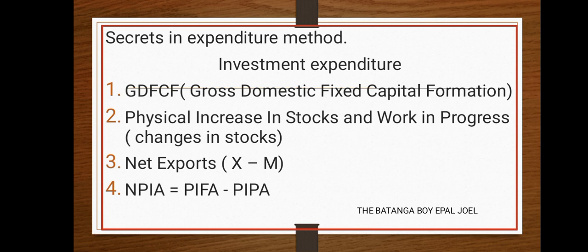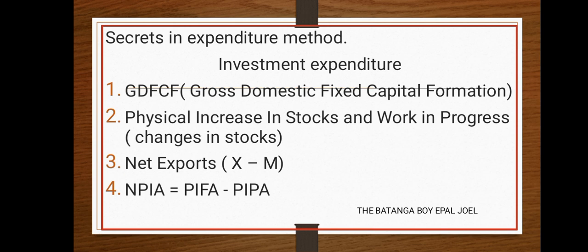You are the one to now calculate the changes in stock. And when you get the changes in stock, you now add it to the gross domestic fixed capital formation to get the value for investment.